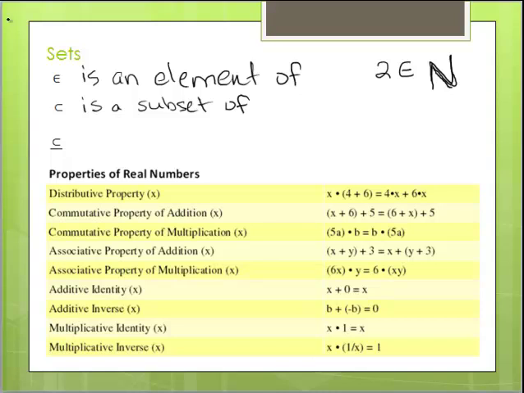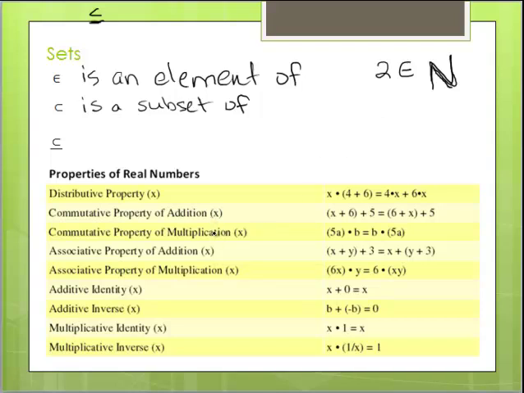This symbol here means is a subset of or is the same set. You know how you learned before, if you have this with the little equal to, it means less than or equal to. That's kind of what this little line means, is a subset of or is equal to.